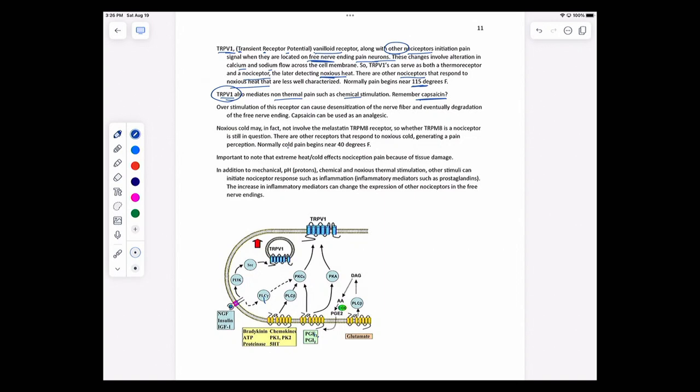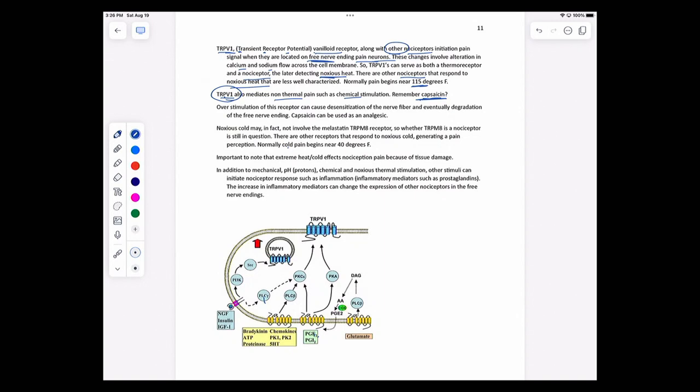Also, if the capsaicin is concentrated enough, it can interact with the TRPV1s that are associated with the pain pathway as well. So if there's a sufficient amount of capsaicin, then it can start interacting with the TRPV1s associated with pain, and all of a sudden those chili peppers that you're eating can actually cause pain of the tongue.